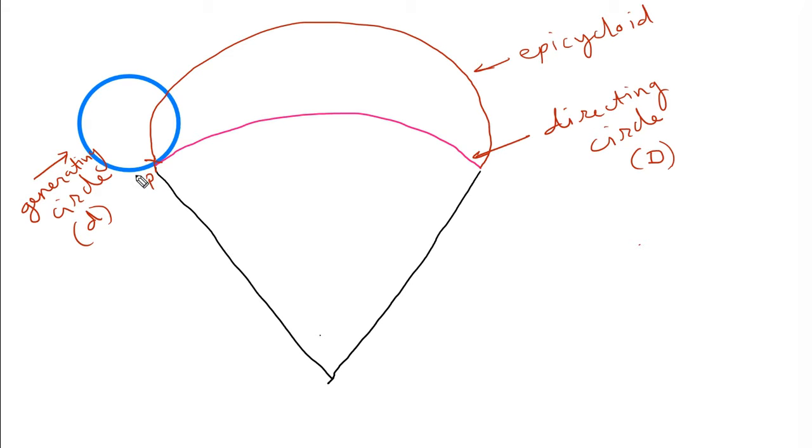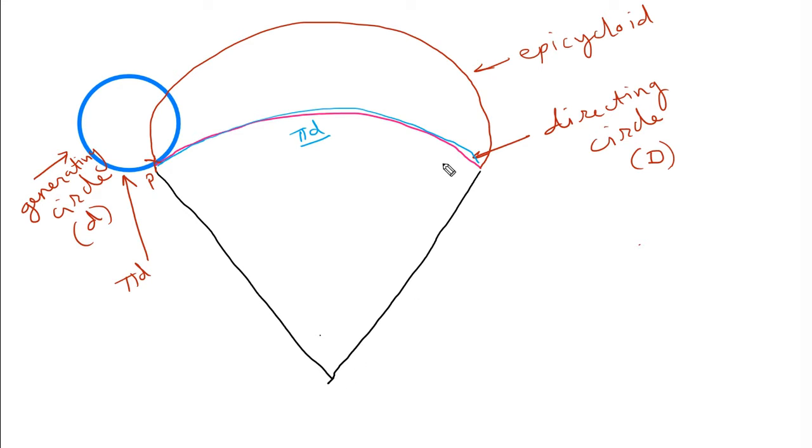Now the circumference of the generating circle is pi into d. When this generating circle completes one revolution around the directing circle, the arc length which is covered on the directing circle is the same as the circumference of the generating circle.